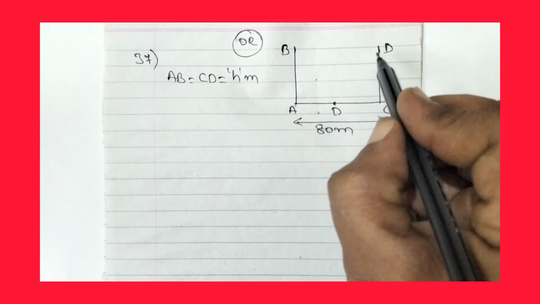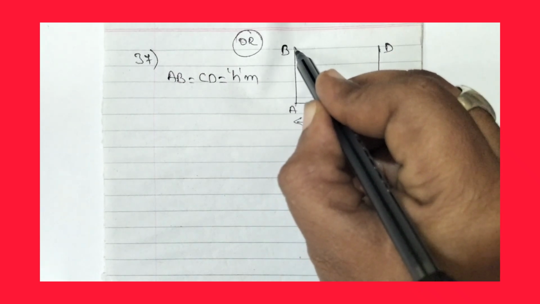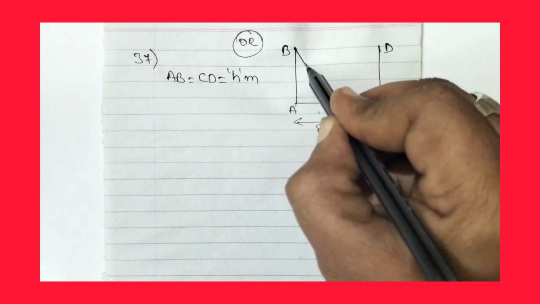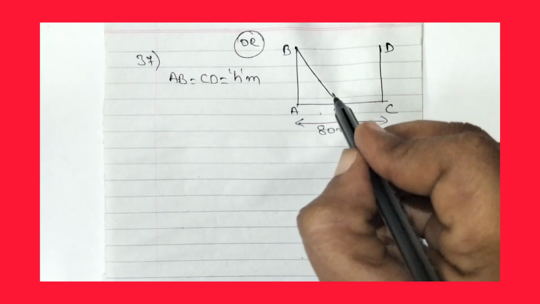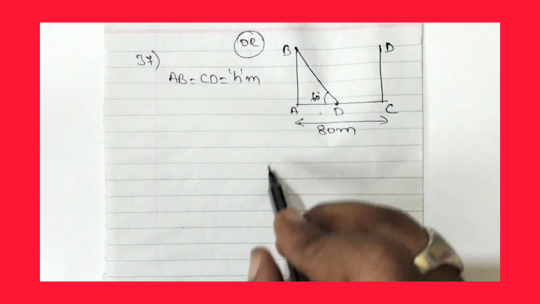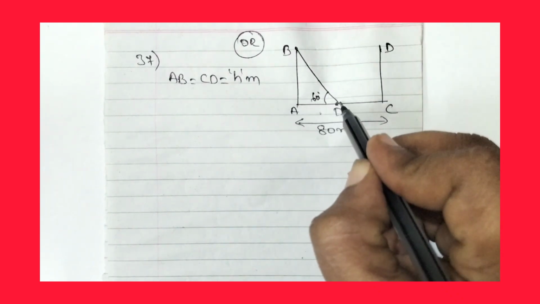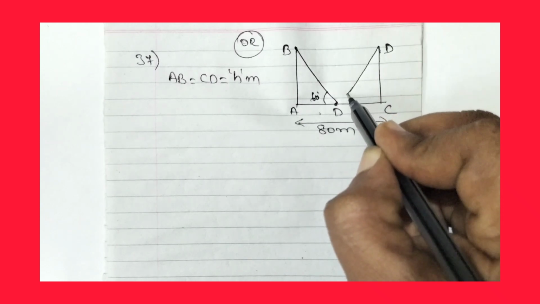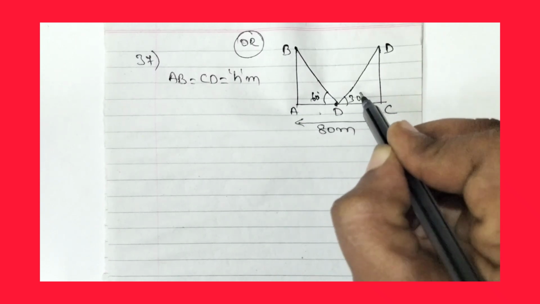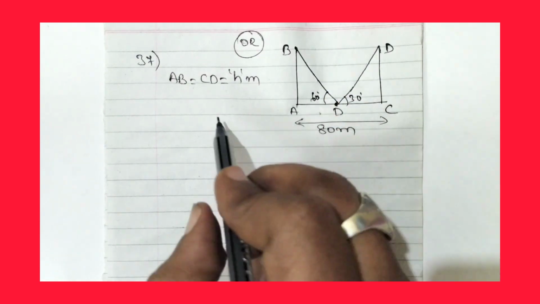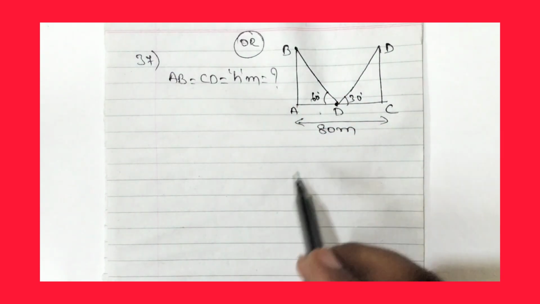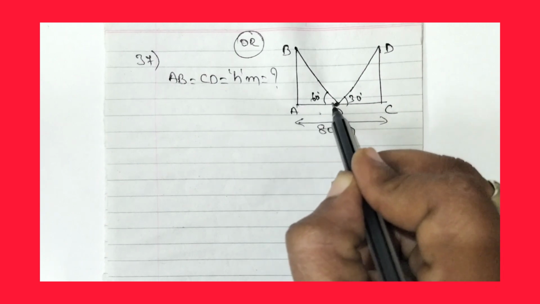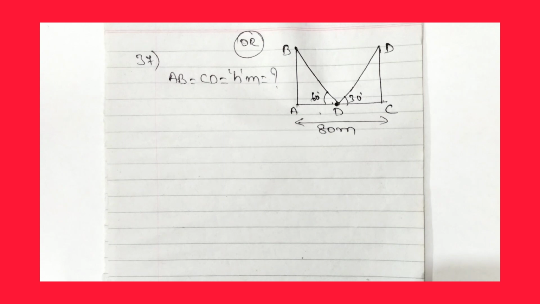If I look at the top of this pole by standing at D, the angle of elevation is 60 degree. At the same point, if I observe the top of the other pole, the angle of elevation is 30 degree. We have to find the height of the two poles, and also the distance from the point we are standing at, that is AD and CD.